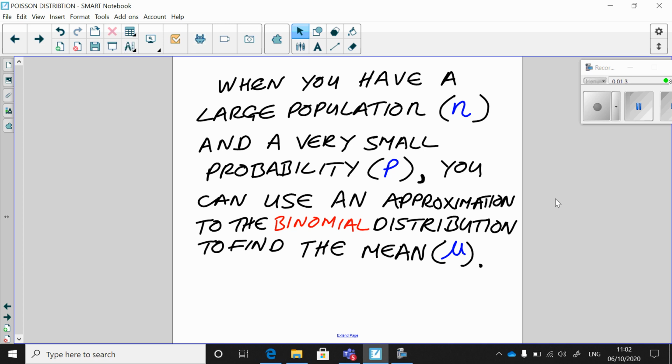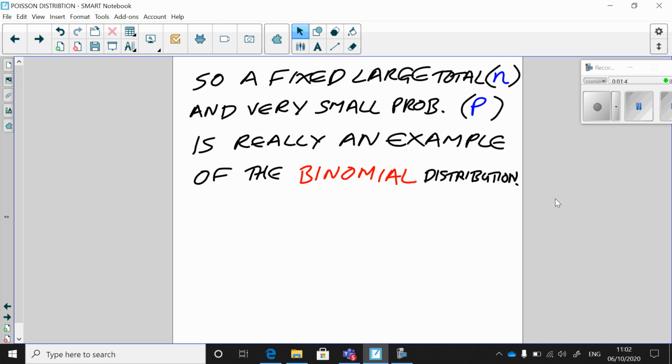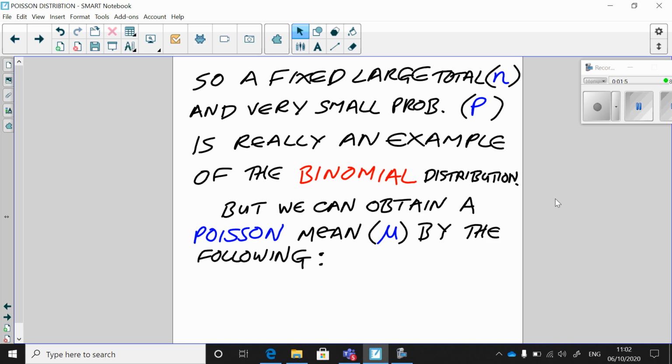So we're going to find a mean for the Poisson. What we do here is we take the large population value n and the small probability value p, and like we're saying, it is binomial. So how are we going to get the mean mu?